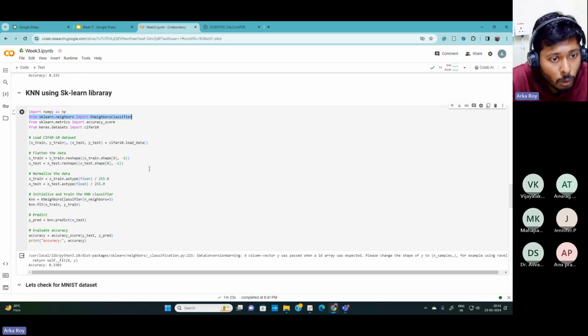So you can see for all 10,000 images, the accuracy is still 33% only. And it takes only 1 minute. This is the main point, that it takes only 1 minute to process all 10,000 images.